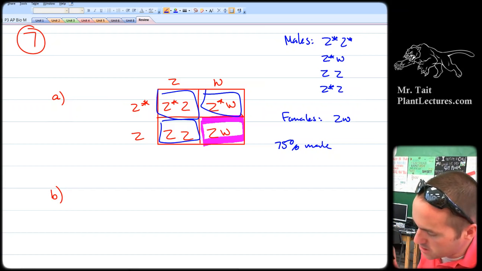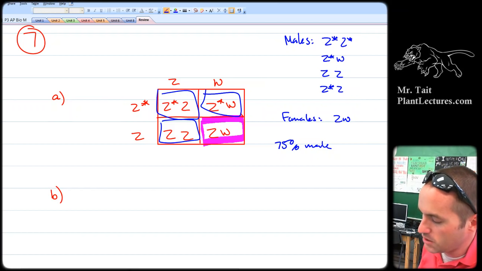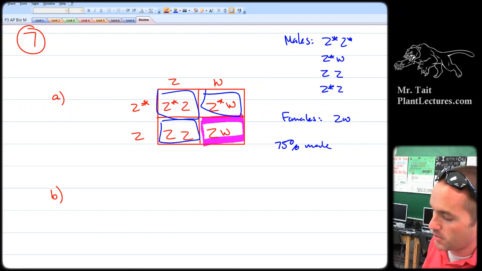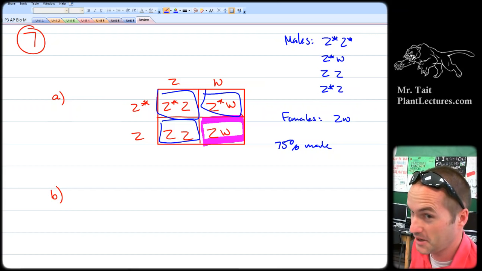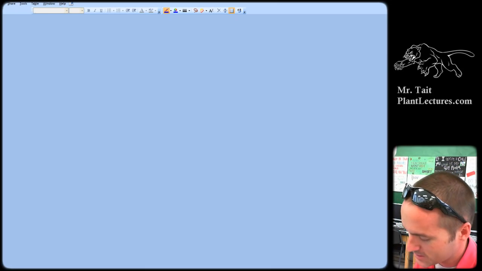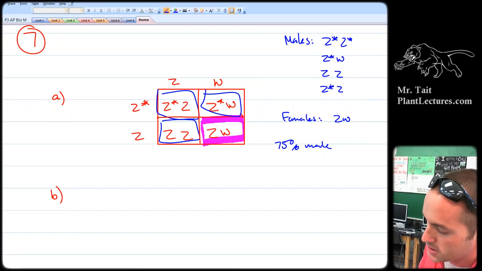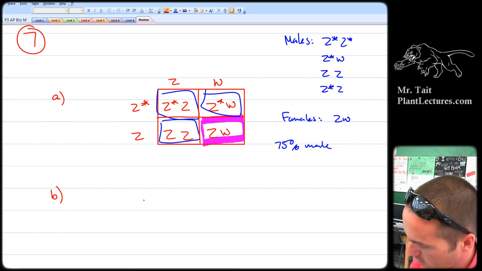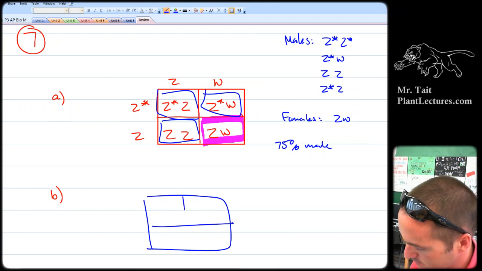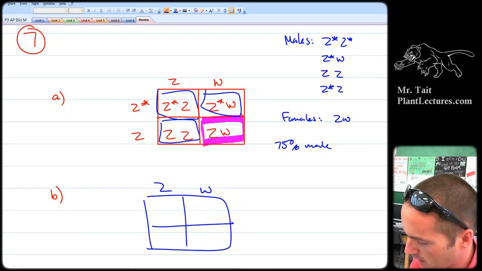At least one Z or Z star chromosome is necessary for survival of the fish. A researcher crossed 2 fish and observed a 2-to-1 ratio of males to females among the offspring. So this is a little tricky, 2-to-1, because normally we're used to seeing 4 total offspring, but we're seeing 3 total offspring here. So why is that? That's because one dies. Right? So how do we get a dying offspring? Well, we do a Punnett Square. We know one of them had to be a female, right?